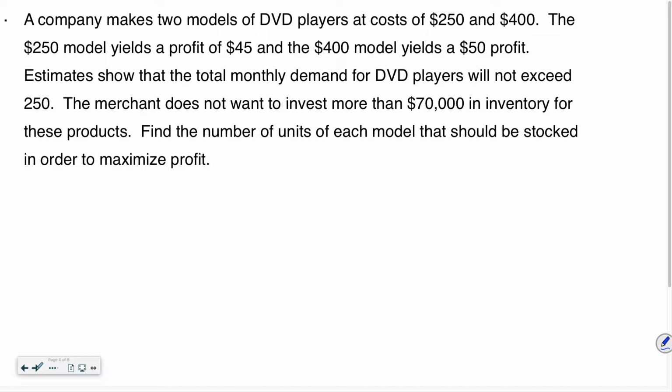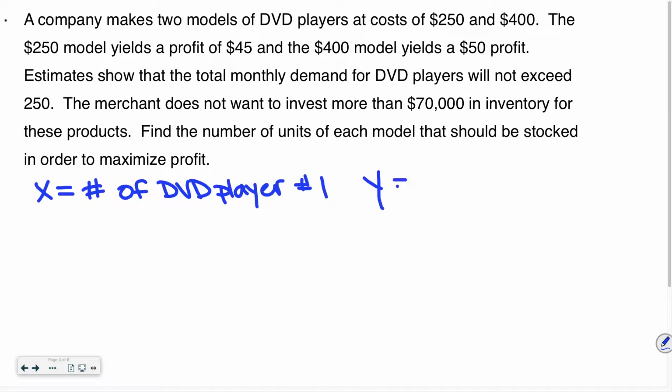So the first thing I want you to do is we're going to say X is the number of DVD player number 1. And Y is the number of DVD player number 2. Okay?